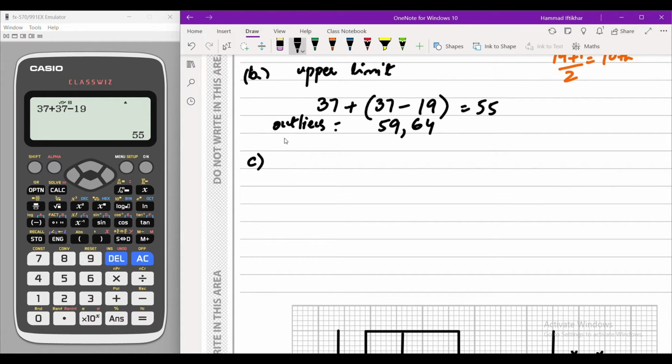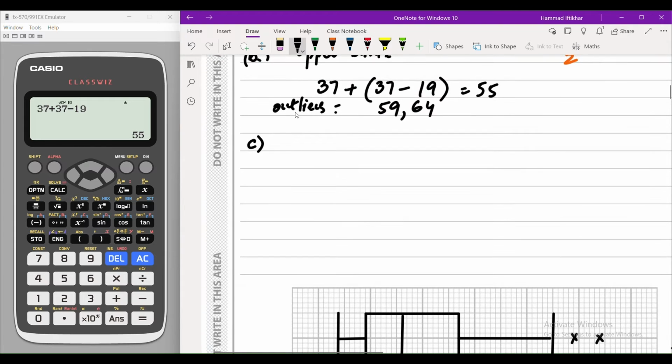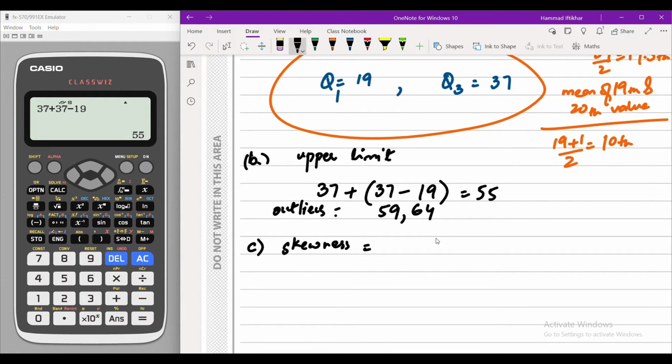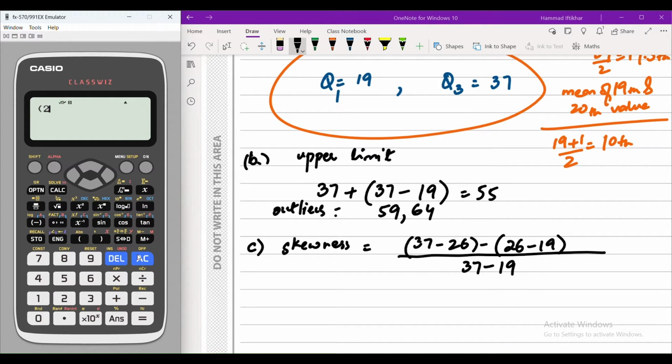So skewness is 37 minus 26, minus 26 minus 19, divided by 37 minus 19. That is 2 over 9, or in fact 0.222.